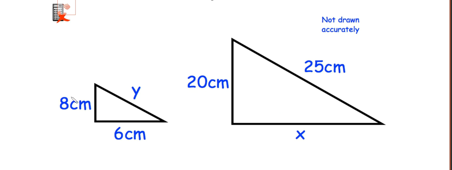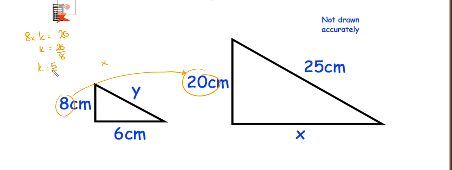But we know this is the longest side, so they're corresponding. We're going to assume from the way it's drawn that 8 times k equals 20. So k is 20 divided by 8. Therefore, k is 5 over 2. I'm going to leave it like that.